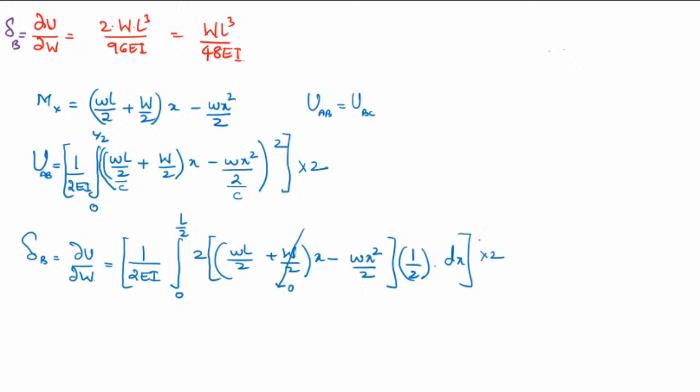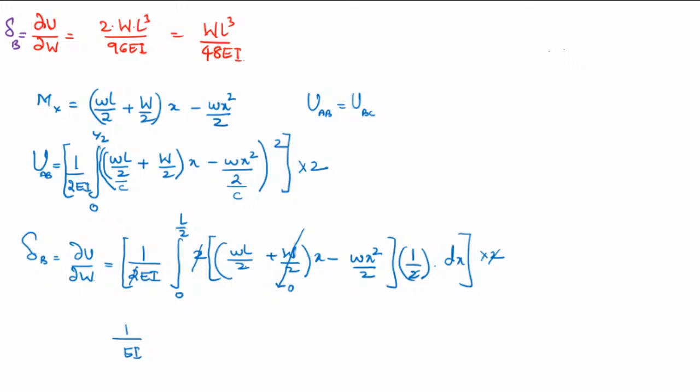So this 2 and 2 will be cancelled here. And now integrate this, 1 by 2EI times of W by 2 and 2. These 2s will be cancelled here, both the 2s will also be cancelled here.